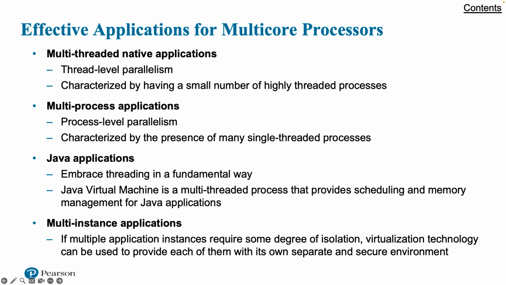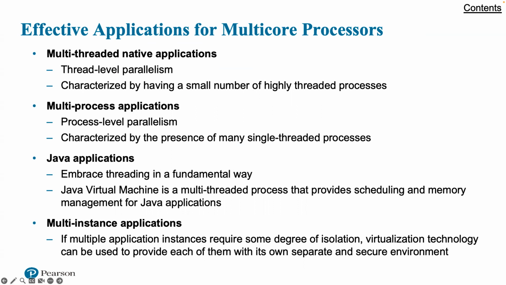For multi-threaded native applications, which deal with thread level parallelism, multi-threaded applications are characterized by having a small number of highly threaded processes. There are multi-process applications, which deal with process level parallelism.